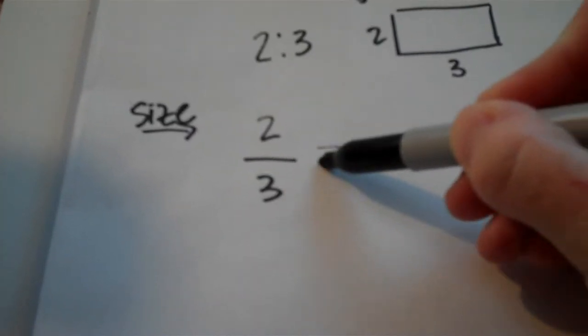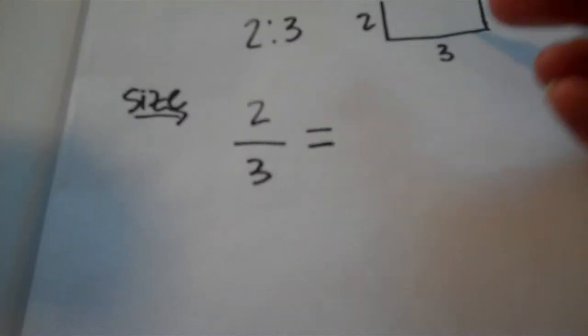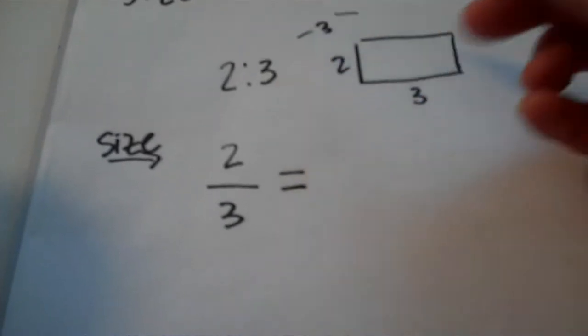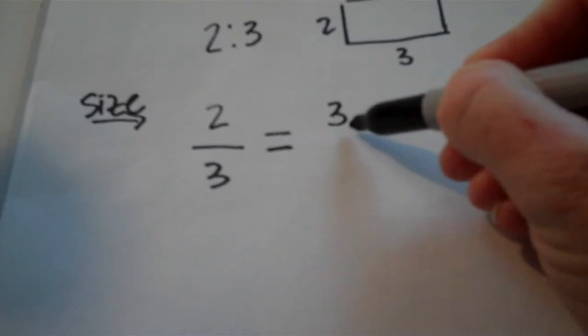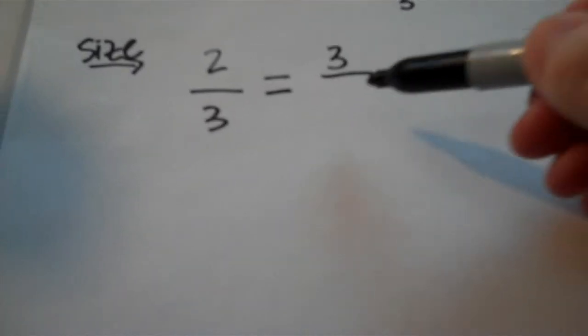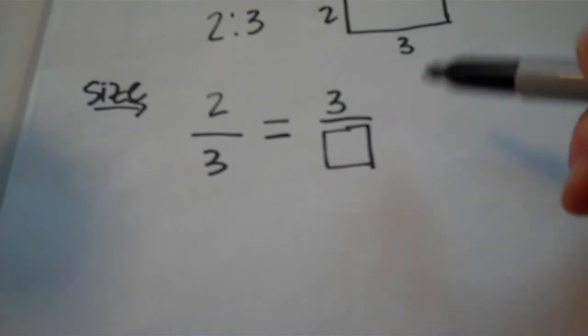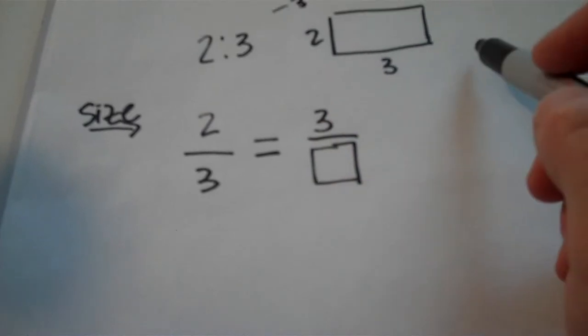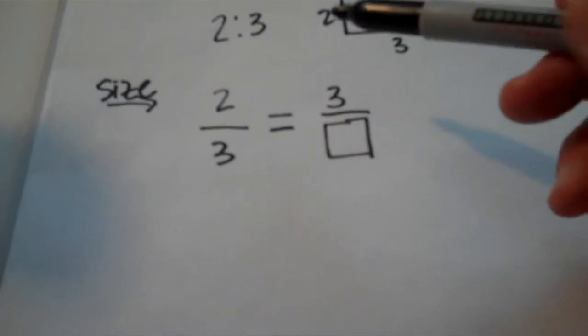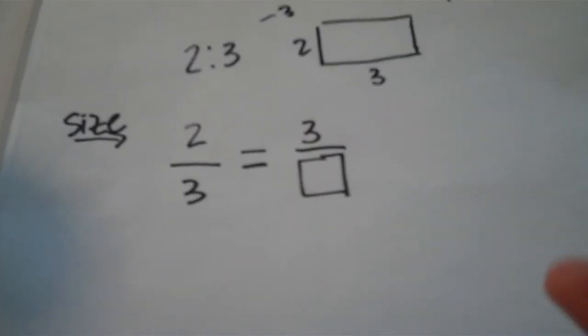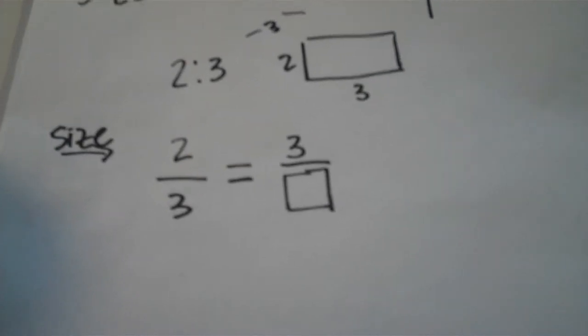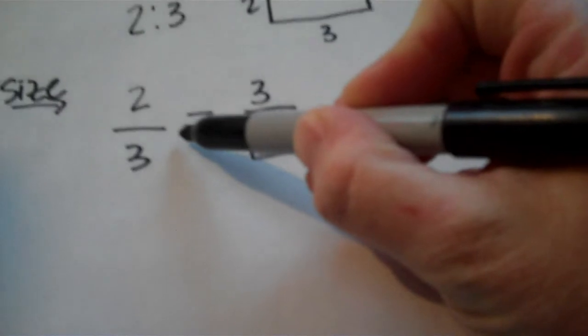Okay? And we want to increase the size like we did up here to a 3. So we put 3 on the top because that's our size. Now, we have to figure out what this number is going to be down here, and that's going to give us our new width. So what we do, and this is a simple fraction equation, is we cross multiply.